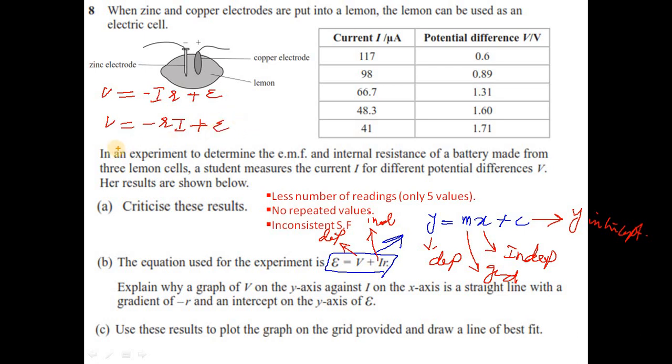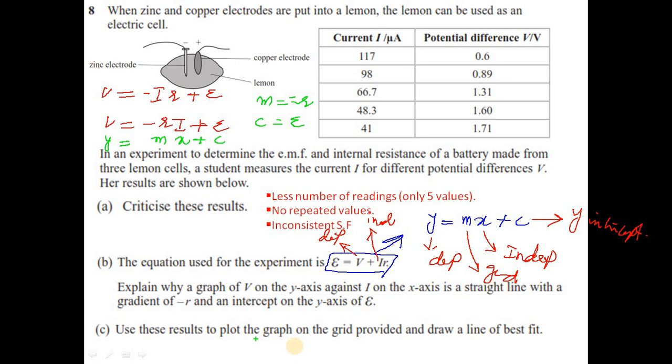You can see that this is y = mx + c. Here m is minus r, and c, which is the y-intercept, is epsilon. That's why the graph between V and I is a straight line with a negative gradient, and the intercept is E.